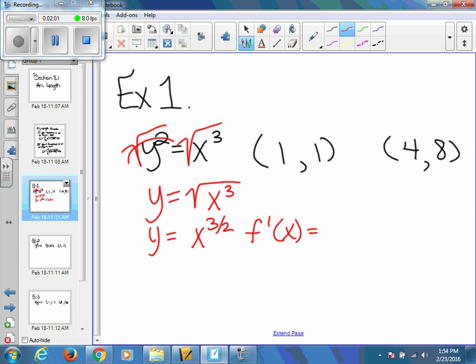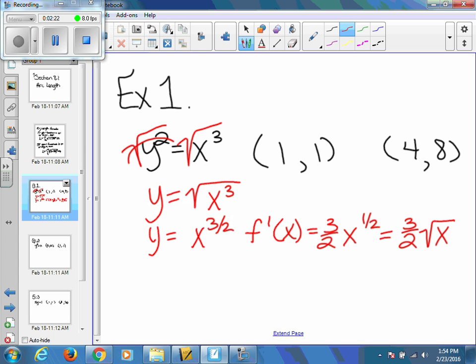If I differentiate that, I get 3 halves times x to the 1/2, which can also be written as 3 halves times the square root of x. So my f prime of x is 3 halves times the square root of x.